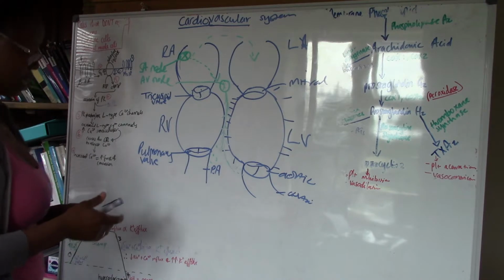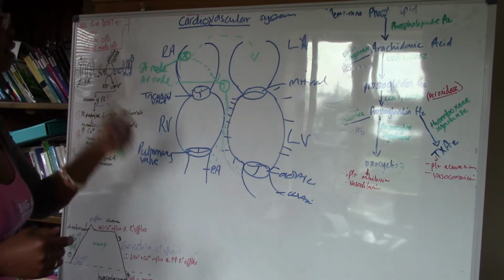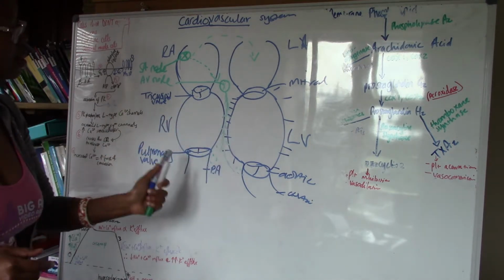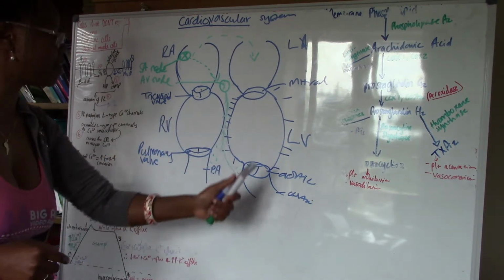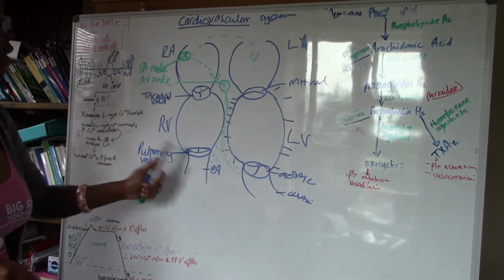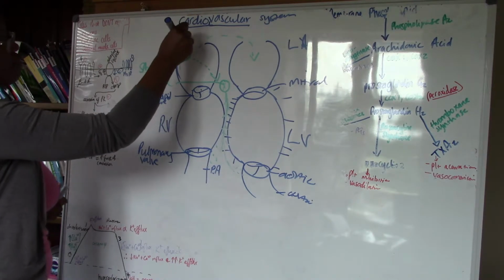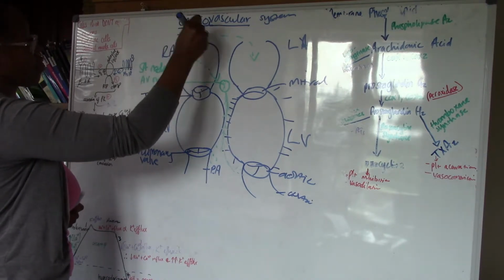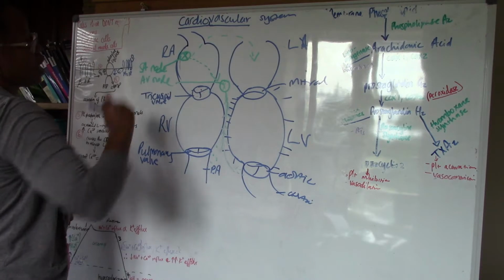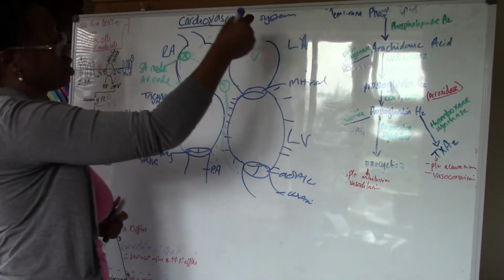So now we have covered the chambers, the valves, and the vessels that leave the ventricles. Now I'm going to talk about the vessels that arrive at the upper chambers, the atria.